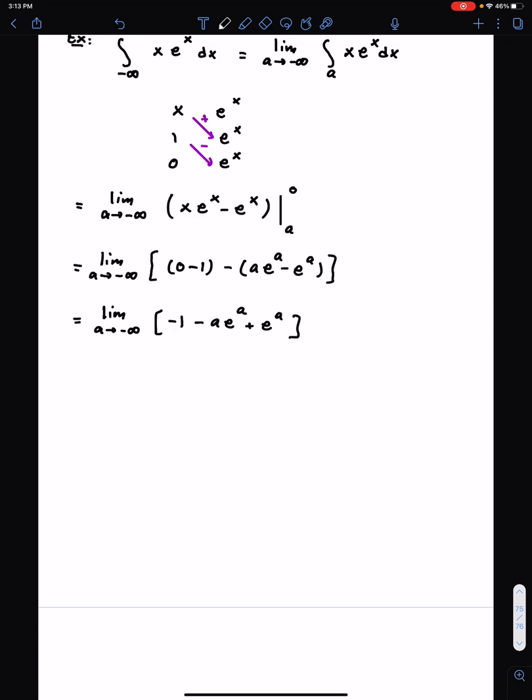Okay, if I take a limit of the first term, the limit of a constant is the constant itself. The limit of this term is going to be 0, since e to the negative infinity is 1 over e to a large number.